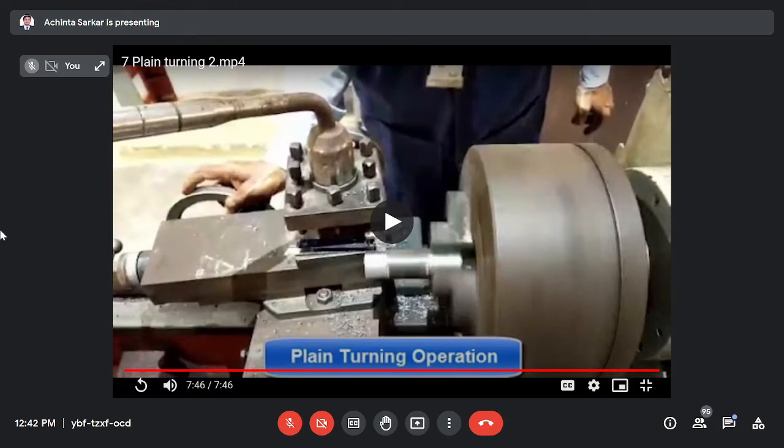Student, any doubt? No, sir. Same thing we repeated here. Same thing. Yes, sir. Only we reduce the diameter here by plane turning. Yes. Sir, next video, please.